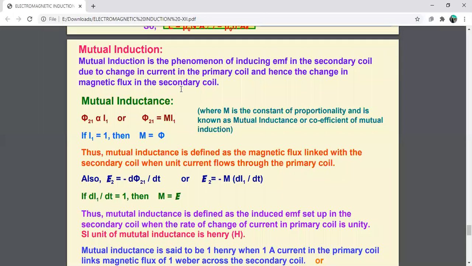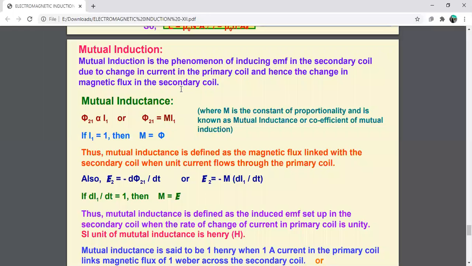Due to the variation in current in one solenoid, current is induced in the second solenoid, and in turn the second solenoid also induces current in the first solenoid, and this is called mutual induction.